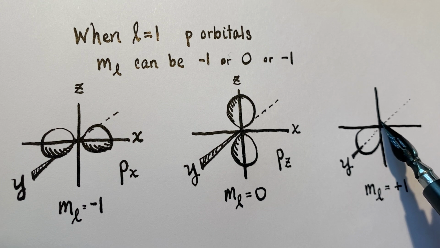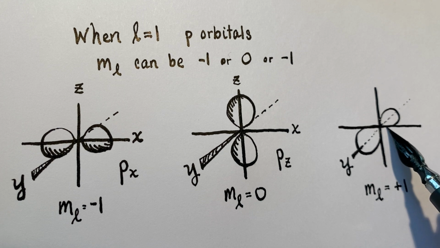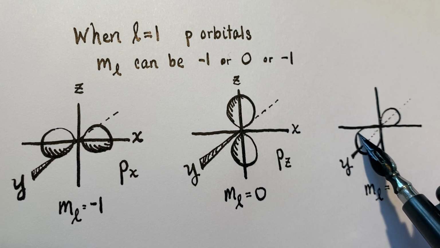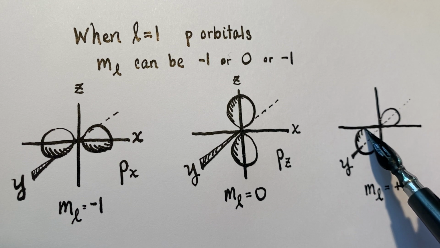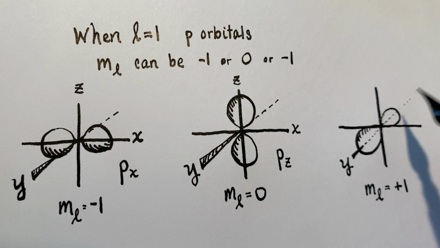And then we'll use a little bit of perspective drawing and just show this lobe a little bit smaller because it's going back away from us. But it's the same idea that we have a lobe on either side.